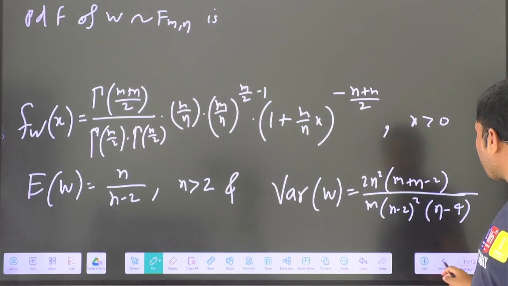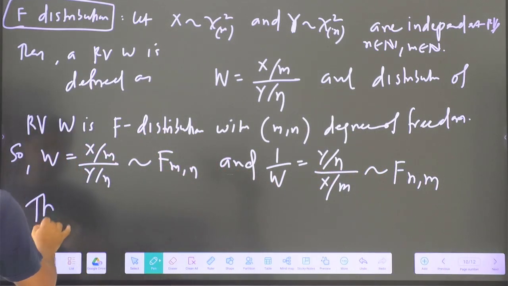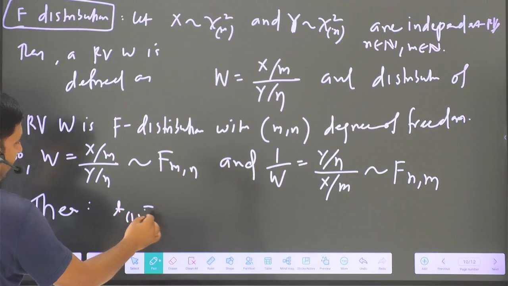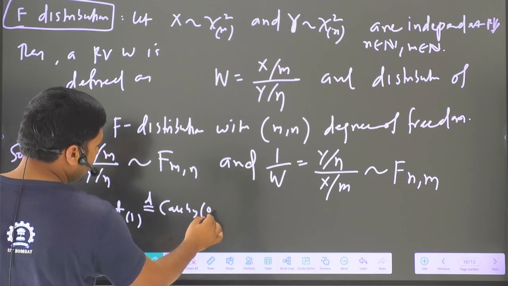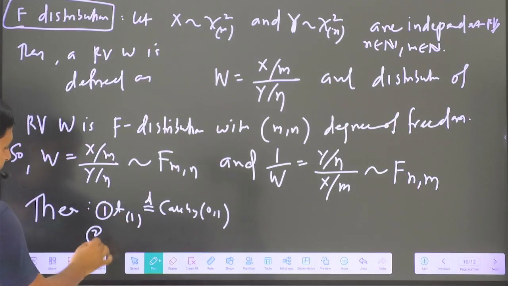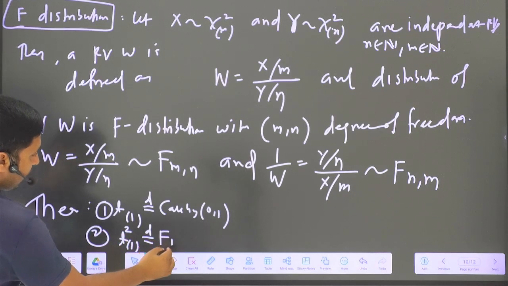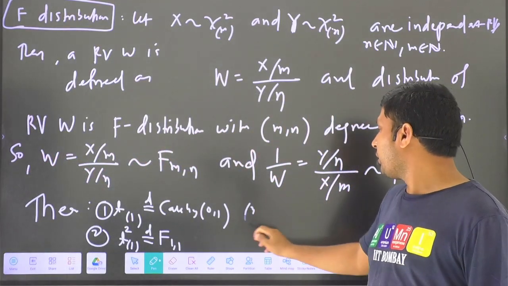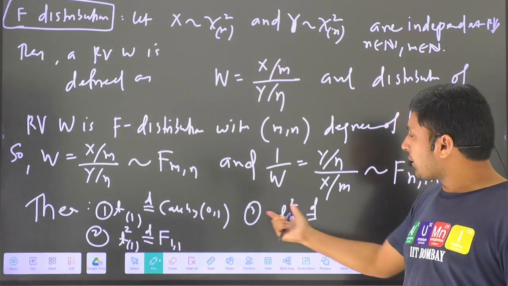Then further there are a few theorems. Like I have said, if you take T distribution with 1 degree of freedom, this is identically distributed with Cauchy 0, 1. And second, if you take T distribution with 1 degree of freedom squared, that will be identically distributed with F1, 1. And the third one, t distribution with n degrees of freedom whole square, that can be proved.